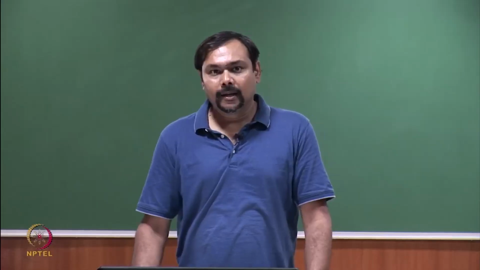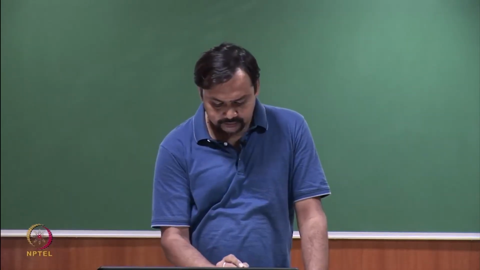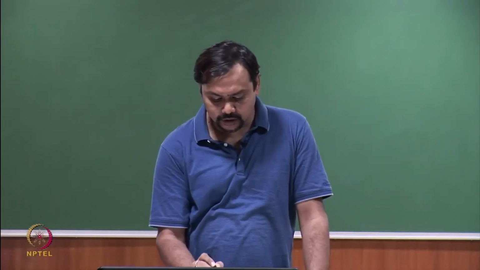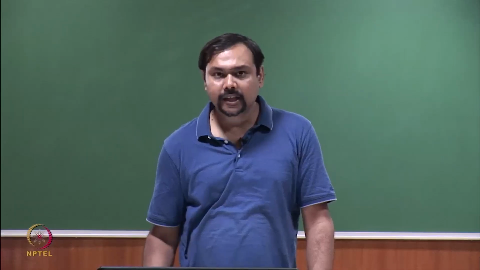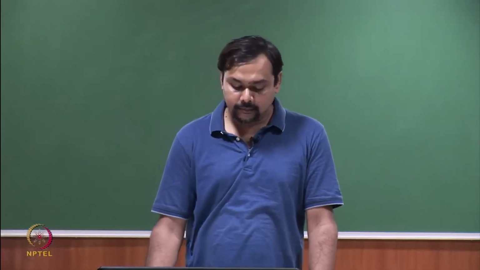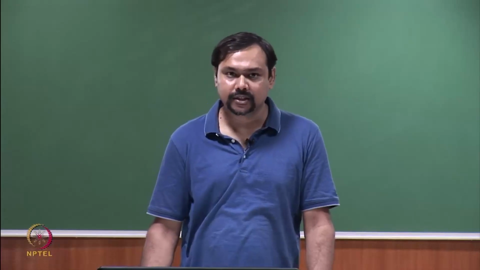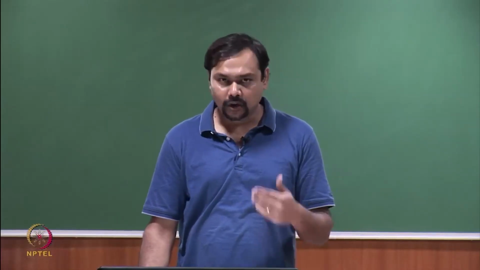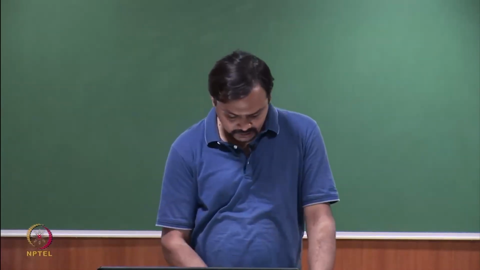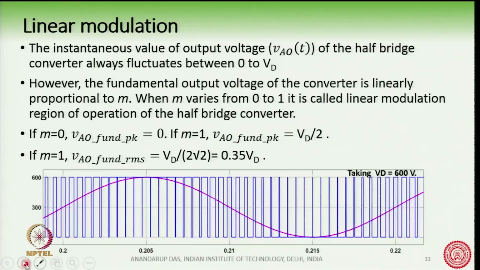Now, apart from this expression, here I have talked about the fundamental AC as well as the DC, but some other high frequency harmonics are also generated, and these harmonics we will cover later. So, how does the waveform look like?